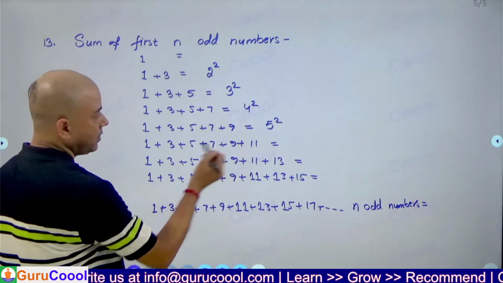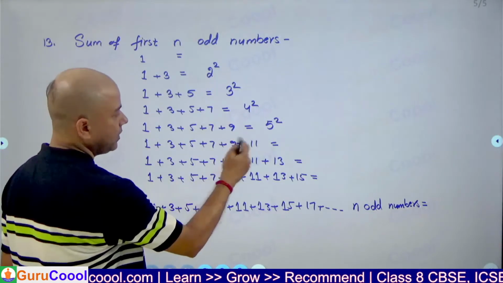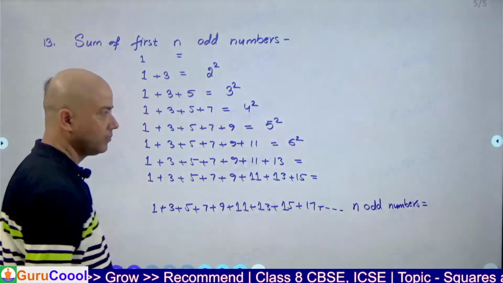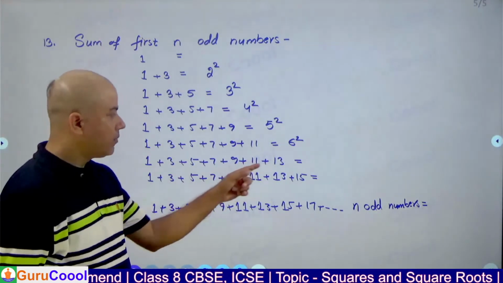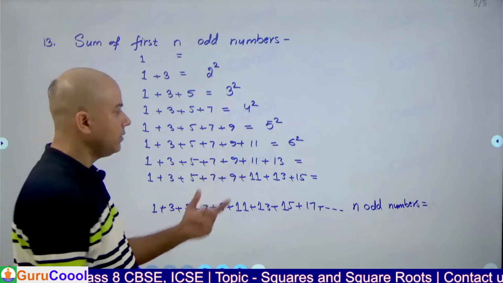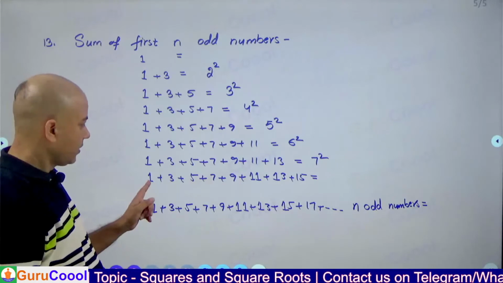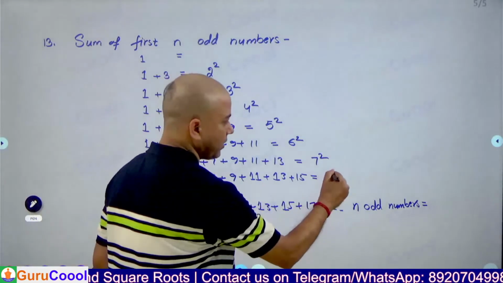There are 6 odd numbers here, and the answer is 6 square. 7 odd numbers, it's 7 square. 8 odd numbers, answer is 8 square.